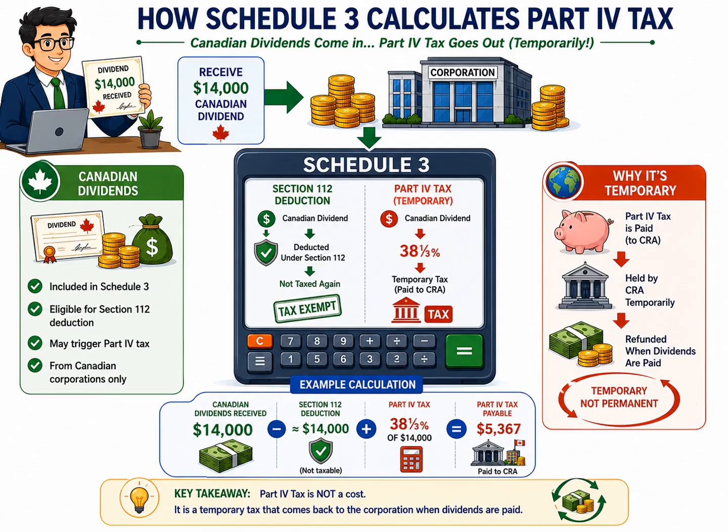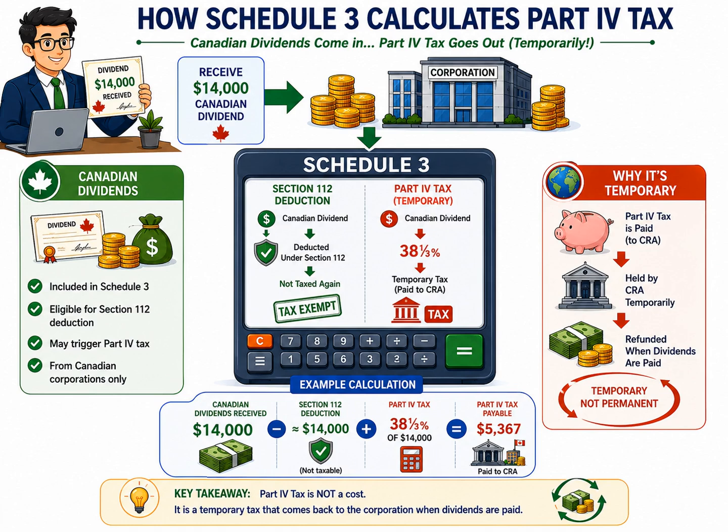Now let's look at one of the most unique features of Schedule 3, its calculation of Part 4 tax. Suppose a corporation receives $14,000 of dividends from another Canadian corporation. At first glance, you might think these dividends would simply be added to the corporation's taxable income. However, that's not how the Canadian corporate tax system works.